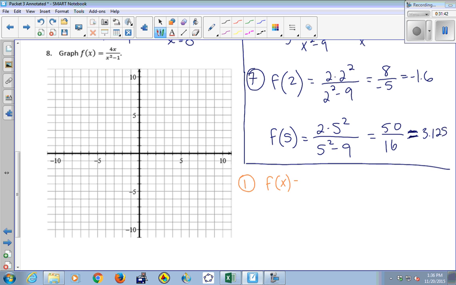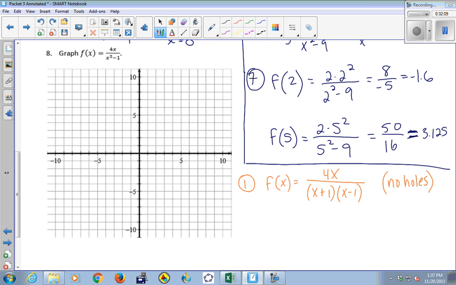So for f of x, I want to factor and, if possible, cancel. So I have 4x over x squared minus 1, which factors to (x plus 1)(x minus 1). Anything cancel? No, so I have no holes. Holes only happen if you cancel something.